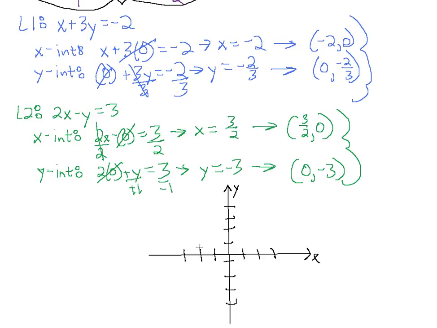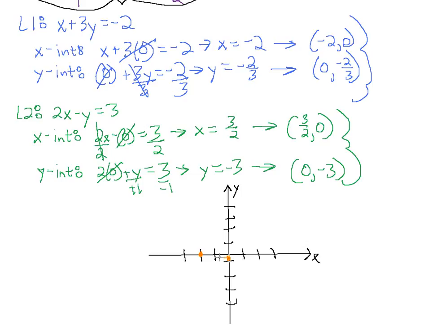Finding the intercepts is actually a very useful way to graph a line. So let's go ahead and use the x and y intercepts to graph our system of equations. Line 1 goes through the point (-2, 0) right here, and (0, -2/3) is approximately right here.